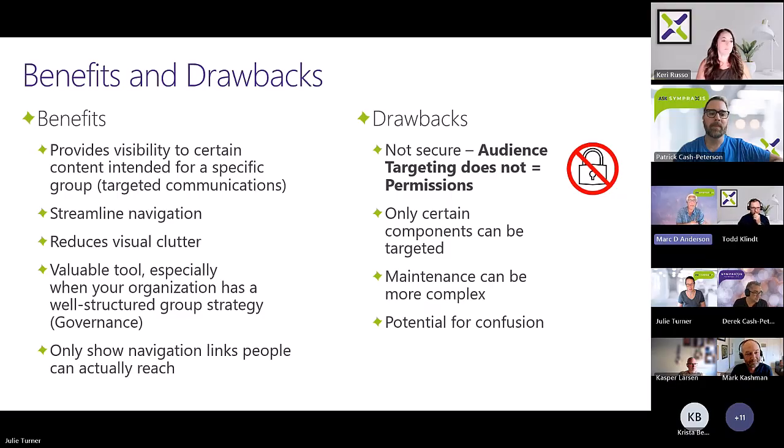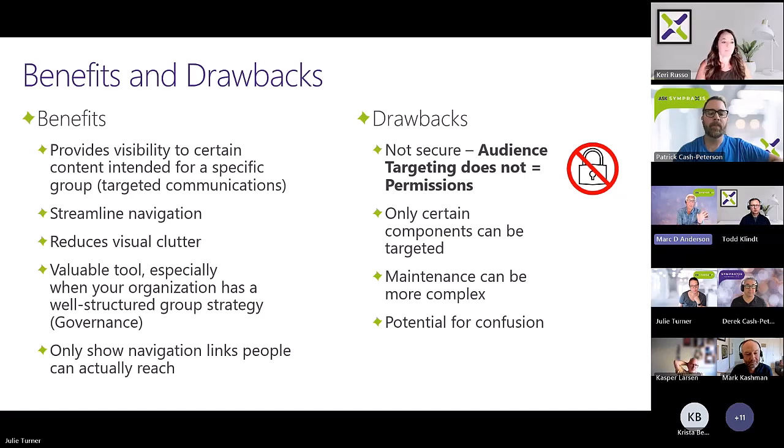You want to have it on the page, but you don't want to clutter up the page for everyone. So, targeting communications. You can make your navigation less cluttered, because if everyone sees all of the links that anyone could possibly go to, that's more links than might be relevant to that person. So you're reducing some of that visual clutter.